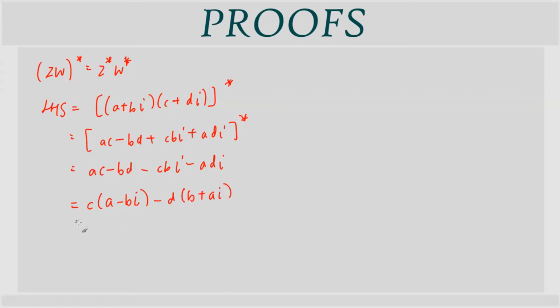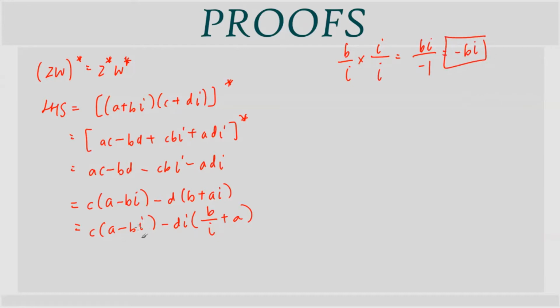But what I want is a W conjugate, so I need to have DI in this case. So I have B over I plus A. Now take note, B over I is equal to, I'm going to realize the denominator. I have BI in the top, and in the denominator I have negative 1. So that gives me B over I is equal to negative BI.